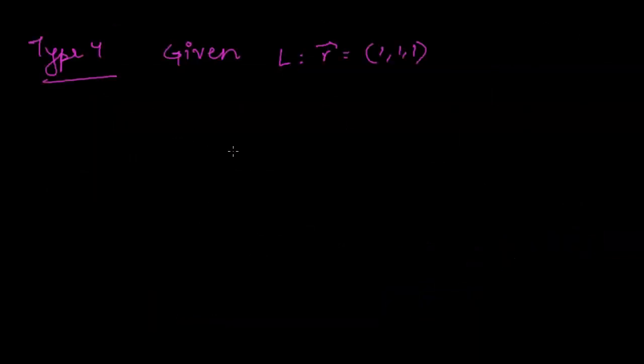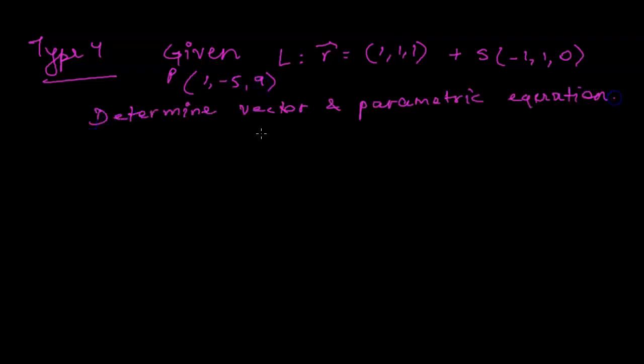Type 4 problem is when we are given a line equation, r is equal to 1, 1, 1 plus s times negative 1, 1, 0, and we are given a point P that is 1, negative 5, 9, and we are asked to determine the vector and parametric equations.